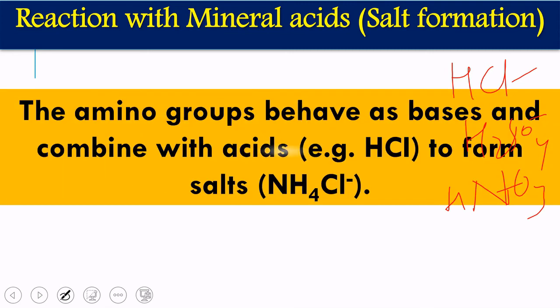The amino group behaves as a base and combines with any of the mineral acids. Here the example is only HCl, but it can react with sulfuric acid as well as nitric acid to form the corresponding salts.